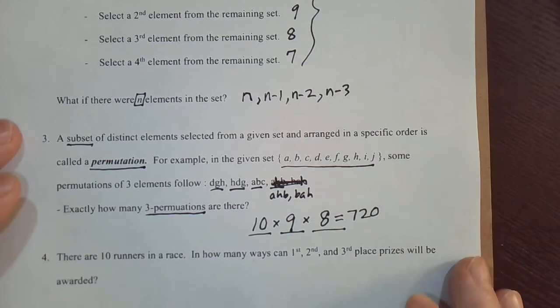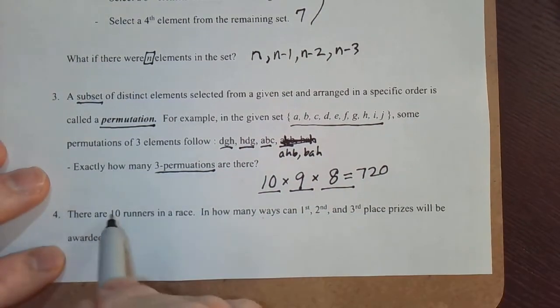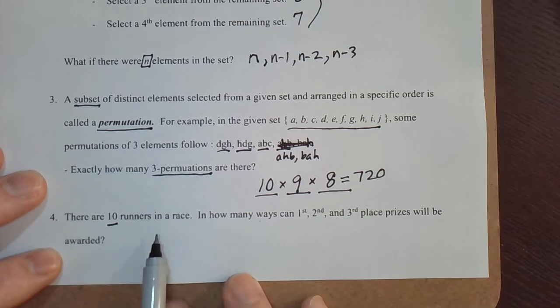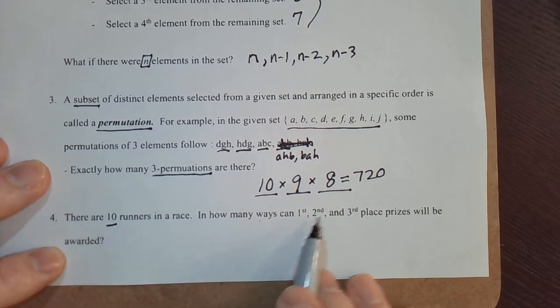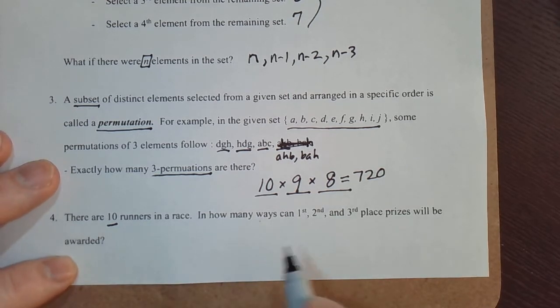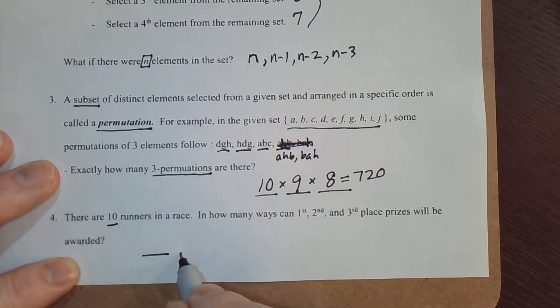All right, to finish this up, it looks like we're going to use this number 10 again. There are 10 runners in a race. In how many ways can first place, second place, and third place prizes be awarded? Well, you've got a first place, you've got a second place, you've got a third place. I'll even write first, second, third.